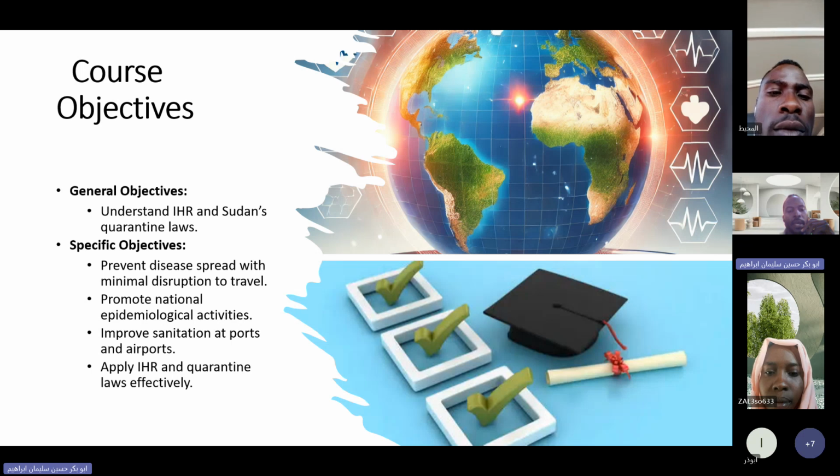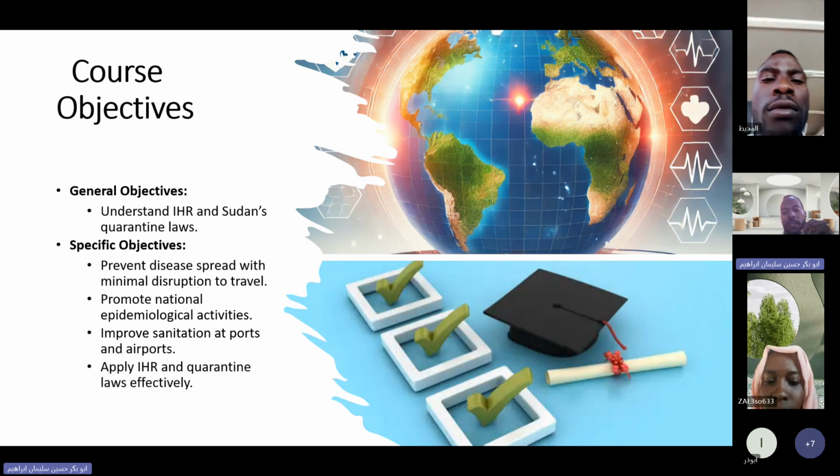Additionally, we will learn how to apply international health regulation and how the Sudan quarantine law works effectively. These are the objectives of the course.